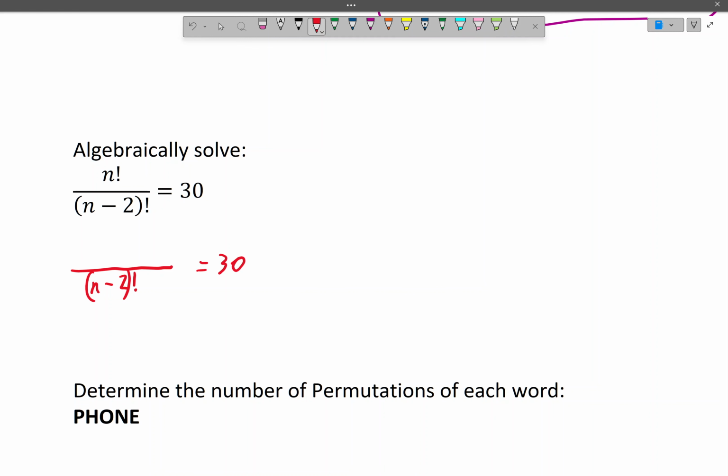So n minus 2 is smaller than n. Then we're going to start unzipping the n until it looks the same as the n minus 2. From there, we can cancel out the two parts that look the same. We can multiply the n into the brackets.